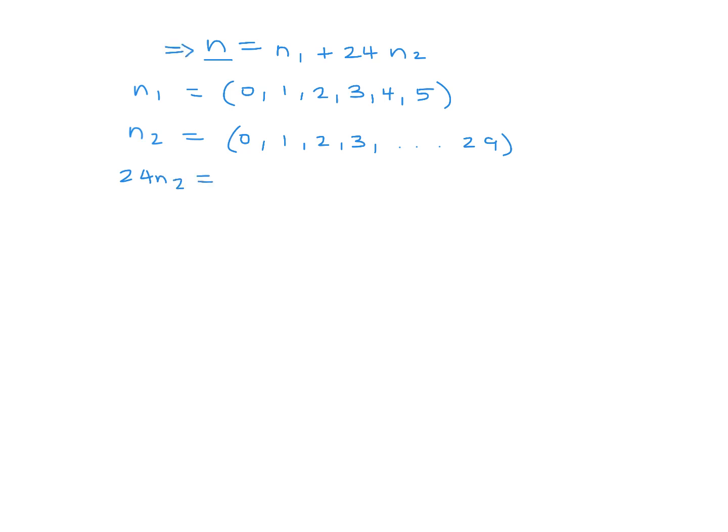So 24 times n2 would be 0, 24, 48, 72, dot, dot, dot, all the way to 24 times 29, which I believe is 696. So you're really adding this guy with this guy. So you've got how many? 6 possible choices here and 30 possible choices here.